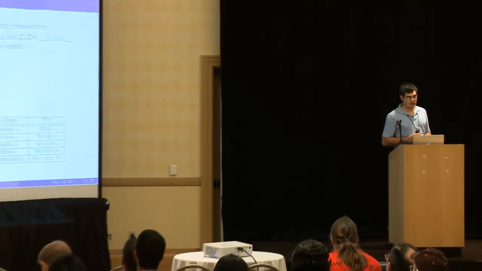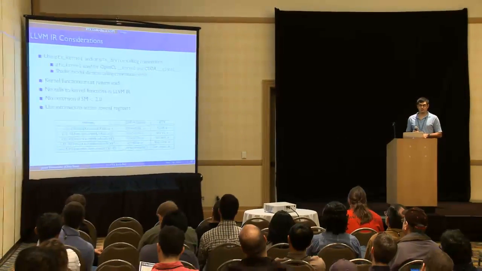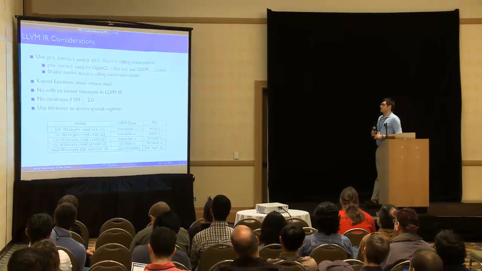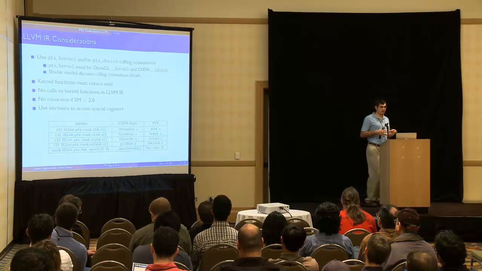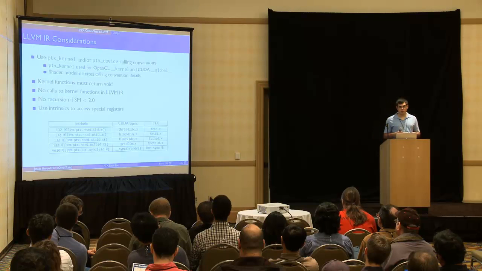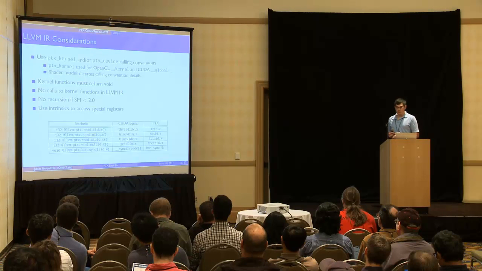So what do you need to do in order to write LLVM IR that can make the best use of the PTX backend? First, there are different calling conventions to use. We have the PTX kernel and PTX device calling conventions. Of course, PTX kernel is used anytime you write a GPU kernel, say an OpenCL kernel function or in CUDA a global function.